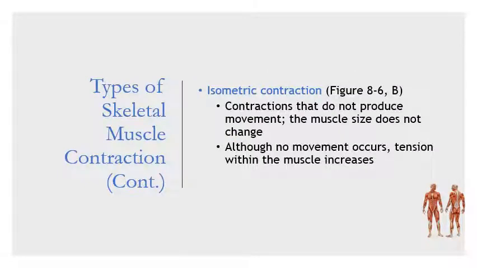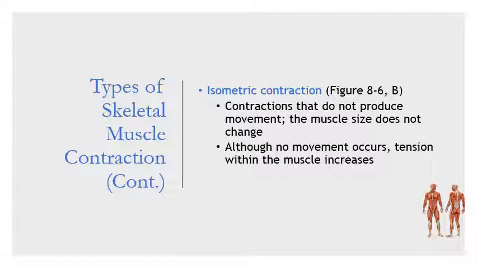I think the last one we're going to talk about is isometric contractions. Isometric contractions are contractions that don't produce movement. Okay, the muscle size does not change. And although muscle movement doesn't happen, tension within the muscle increases.